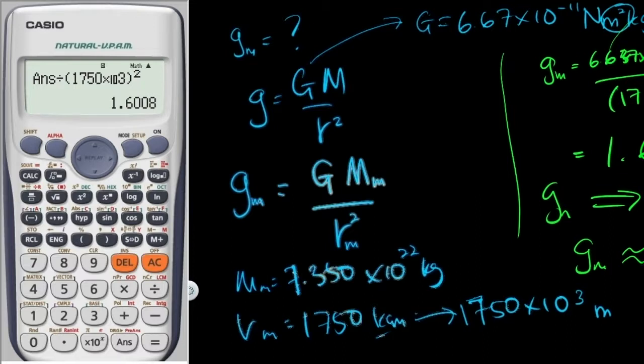So that is how we can calculate the value of gravitational acceleration on the surface of any planets, any objects, any stars in our universe, by just using the value of the mass of the object itself plus the radius of the object itself.